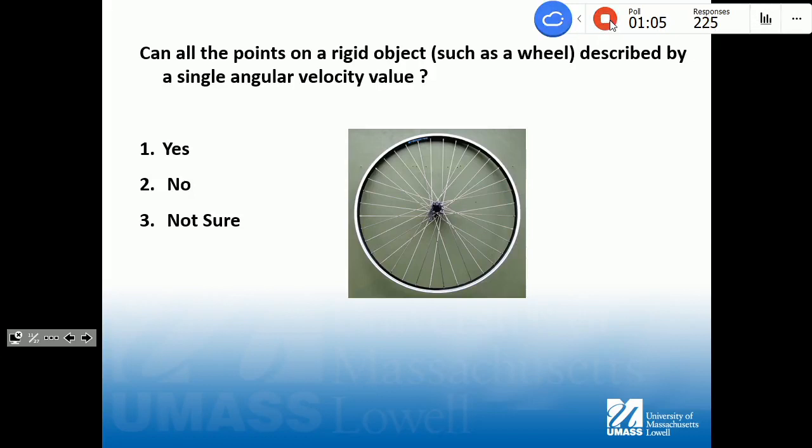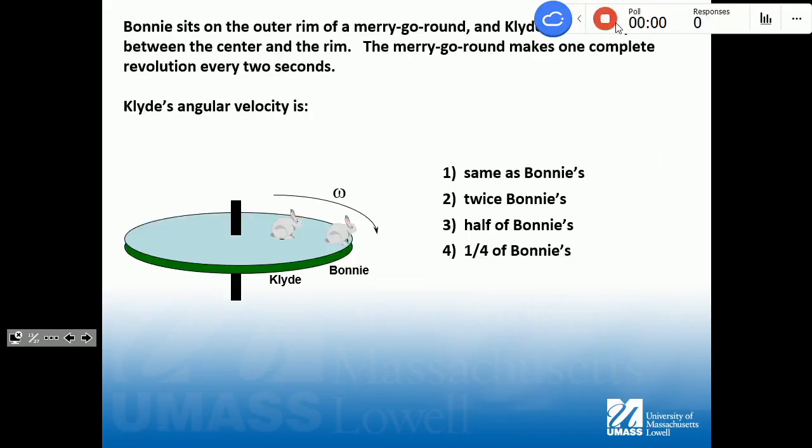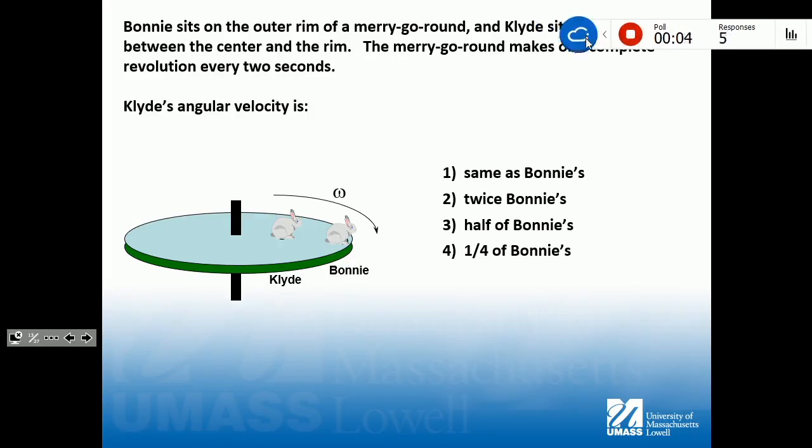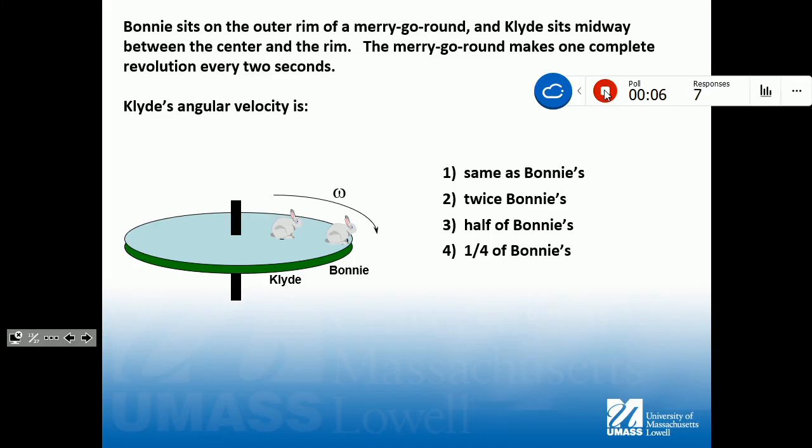Okay, so I'm going to close this. I think this is some version of Bonnie and Clyde, which, as far as I know, wasn't a very good story. But okay. You have two bunnies sitting on a merry-go-round, and for some reason they call them Bonnie and Clyde. And I'm asking you about their angular velocity.